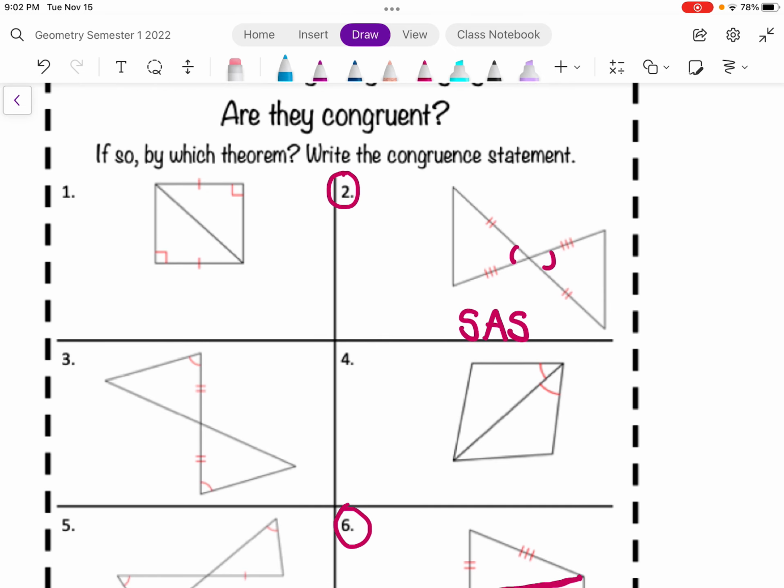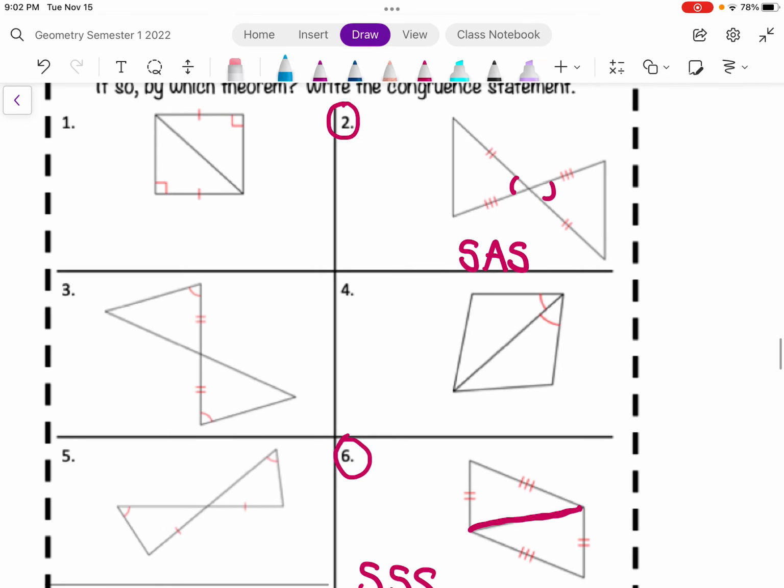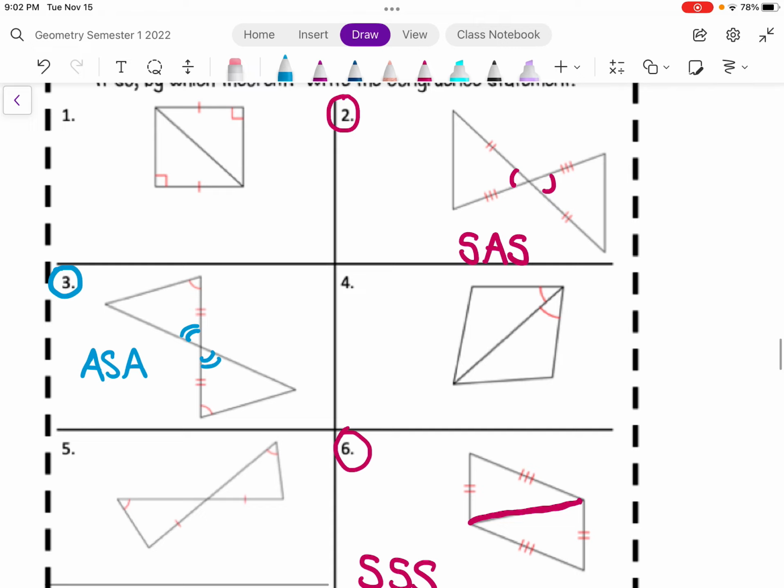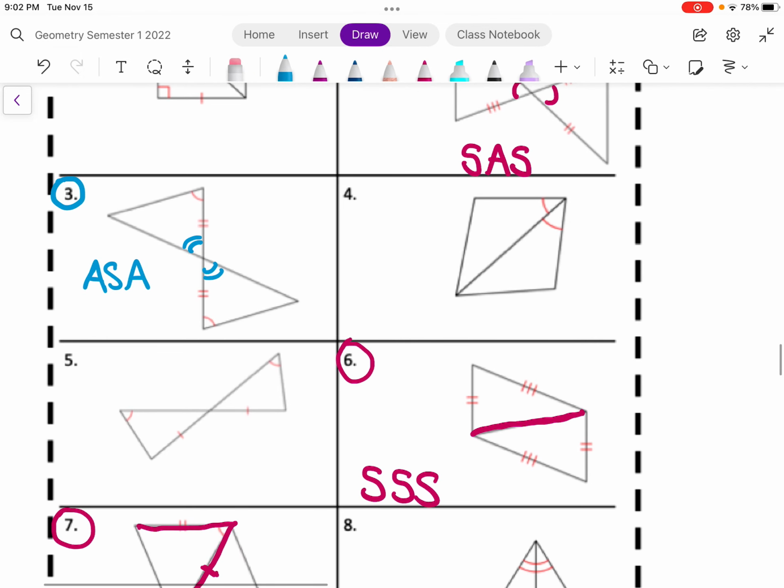All right. And these are some practice with the same. So if we're thinking about this example right here, I know these vertical angles must be congruent. So then I would have angle, side, angle. Again, vertical angles must be congruent.